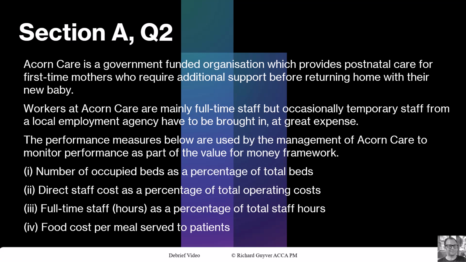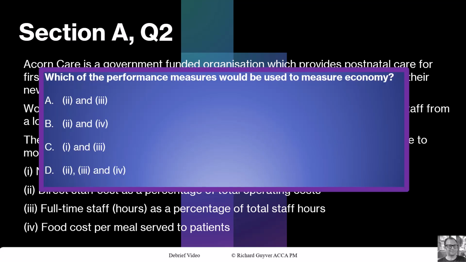This is also a measure of efficiency because we know that most of the staff are full-time, and if we're not using full-time staff in this organisation, then the expensive temporary staff are brought in. So the higher that ratio of full-time staff as a percentage of total staff hours, that's a more efficient use of the resource. And that bottom one, food cost per meal, is an actual cost. So that's a measure of economy. So the correct answers are 2 and 4, and we can see that was option B there.